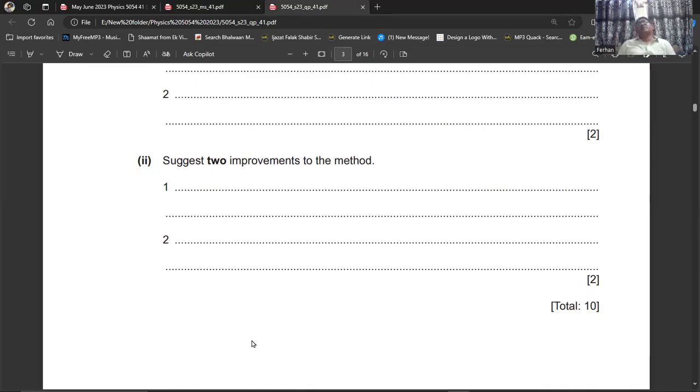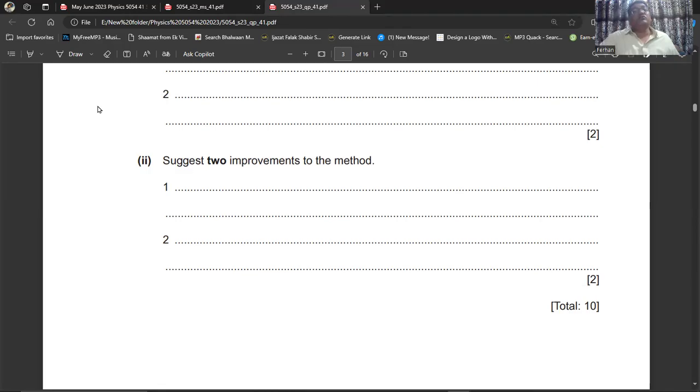So how you can improve this? You see, when you take the mass out from the boiling water and put it into the beaker, which has normal temperature water, you shake the mass before adding it into the beaker, so that if it has extra water on its surface, it is shaken off.